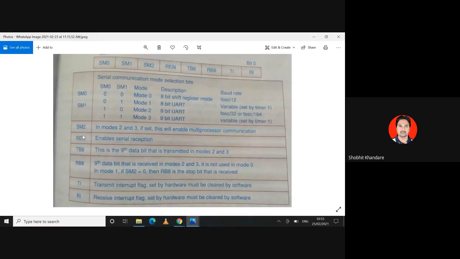And when my REN is equal to 0, my 8051 is busy in transmitting the data through the TxD pin.